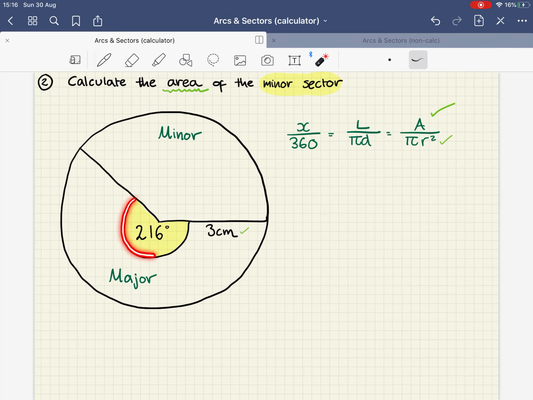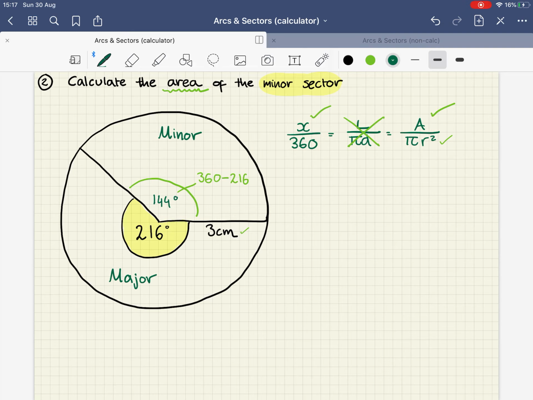But I only have the angle for my major sector. So all I need to do to find out this angle here is I know there's 360 degrees in a full circle, and so I take away 216 from it, which is going to give me 144 degrees. So I now have the angle that I need for the sector I want, so I'll give that a tick. And I'm not using that length, so I'm just going to cross it out.